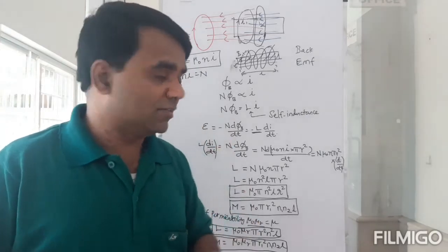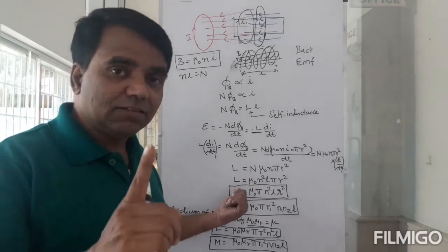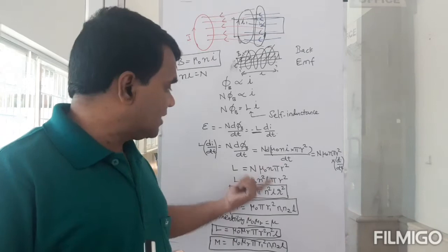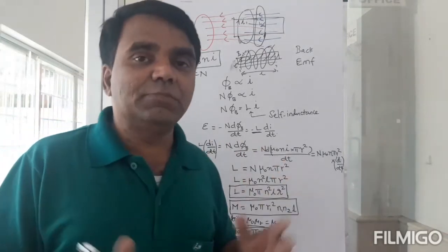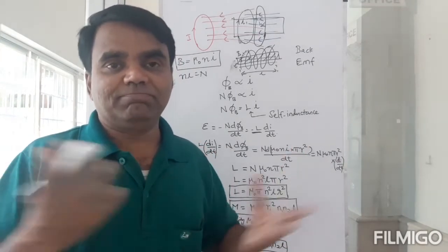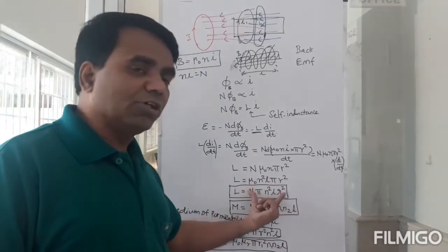You have to keep that in mind. For aluminum too, if you have these dimensions, L is the same as that of copper, or any other thing, silver, gold, it doesn't matter. It depends on the geometry.